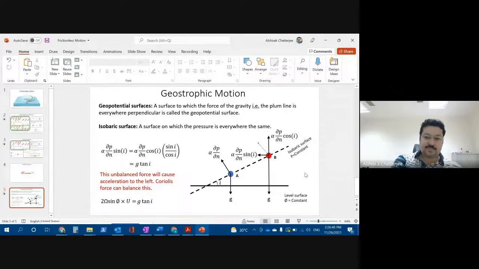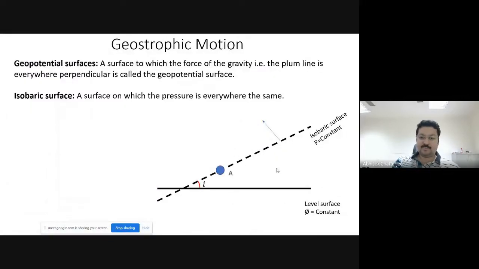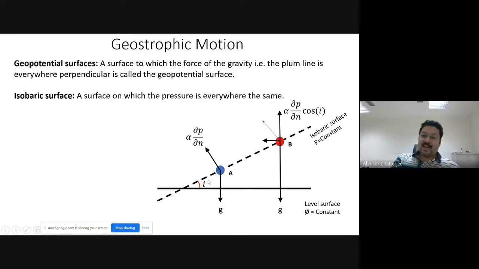Okay, so this green one is basically the same as this alpha del P del N. Placed it here. Now, this angle is I, which means that this angle will also be I, between this blue vector and this vector. Why?